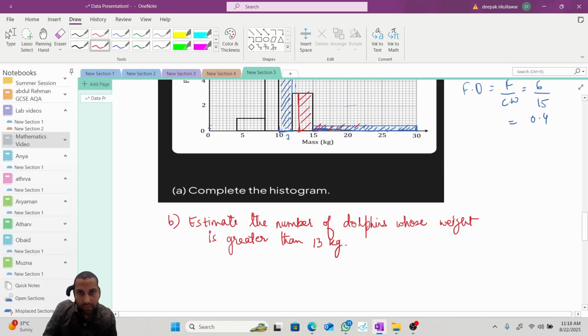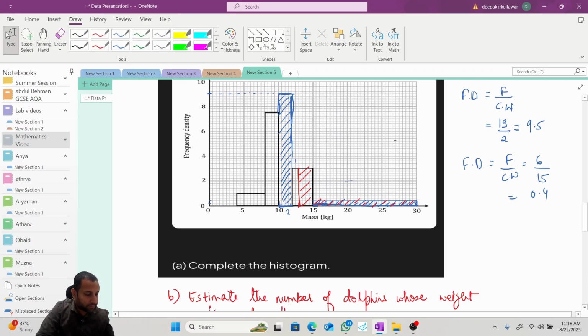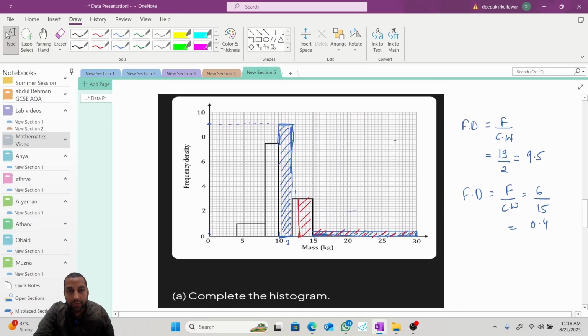Now how do I calculate this number of dolphins greater than 13? This can be calculated using area. The area of this red shaded region will give you the number of dolphins. Why does it give you the number of dolphins?